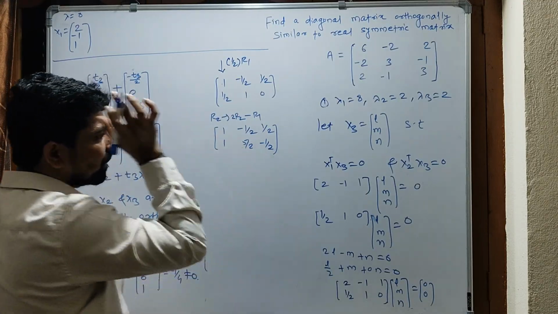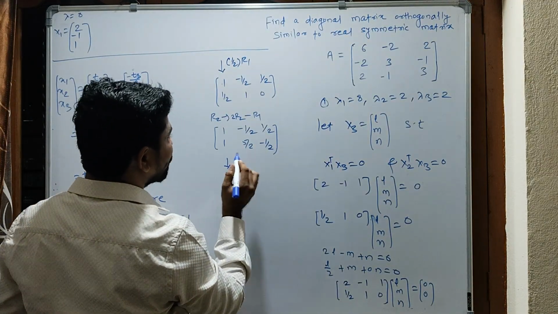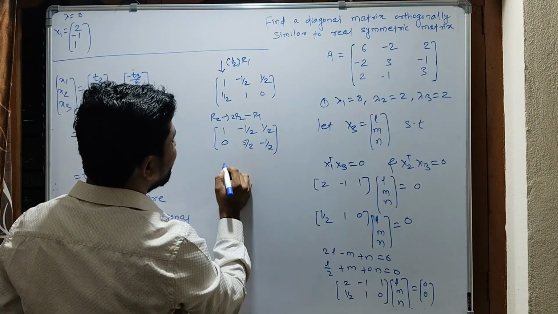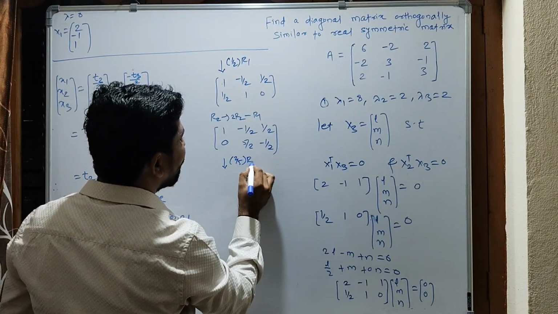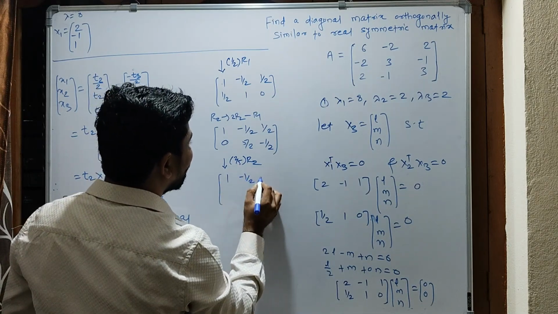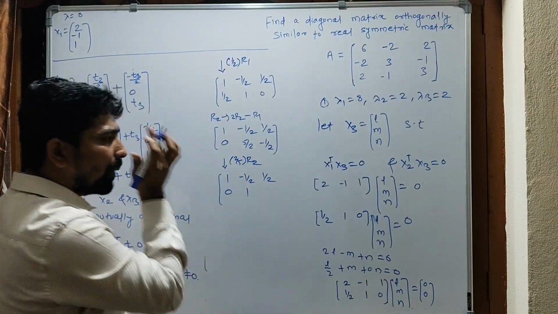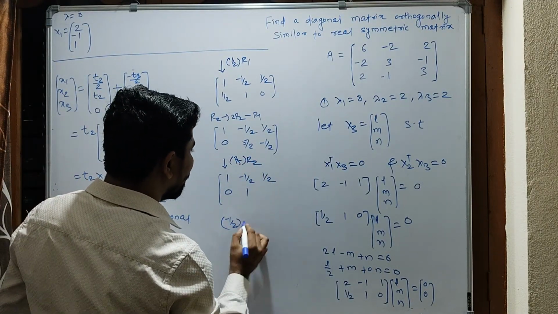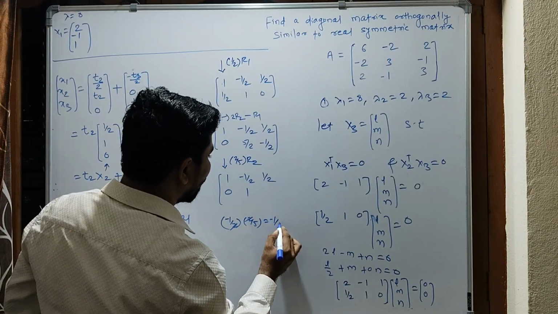Now I want to convert this 5 by 2 into 1, so multiply row R2 by 2 by 5. Here you will get the matrix 1, minus 1 by 2, 1 by 2, and 0, 1, and minus 1 by 2 into 2 by 5, which is minus 1 by 5.